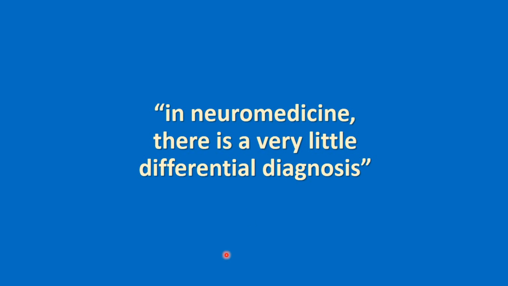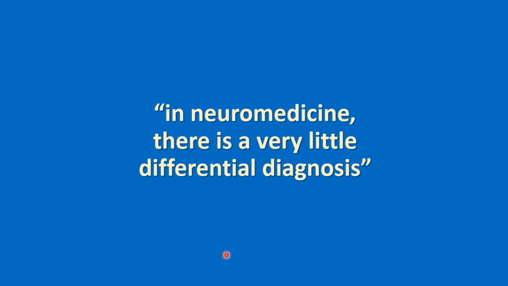So lesions of the central nervous system usually are specific to certain criteria, and if we know these criteria, we can know the lesion, and this will of course help us in treatment of the patient.